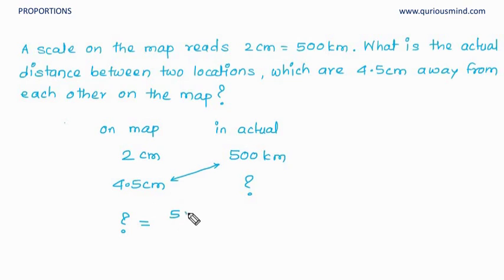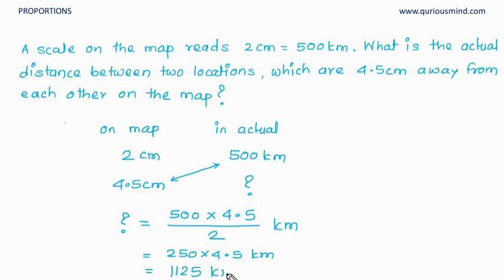So I multiply 500 into 4.5 and divide by the number which is diagonally opposite to the question mark, which is 2, divided by 2, these many kilometers. And again we are going to get 500 divided by 2 is 250. It is 250 into 4.5 kilometers. And that is equal to 1125 kilometers.